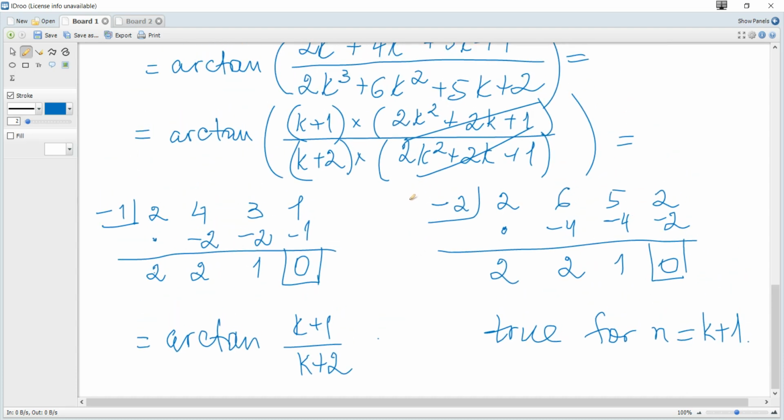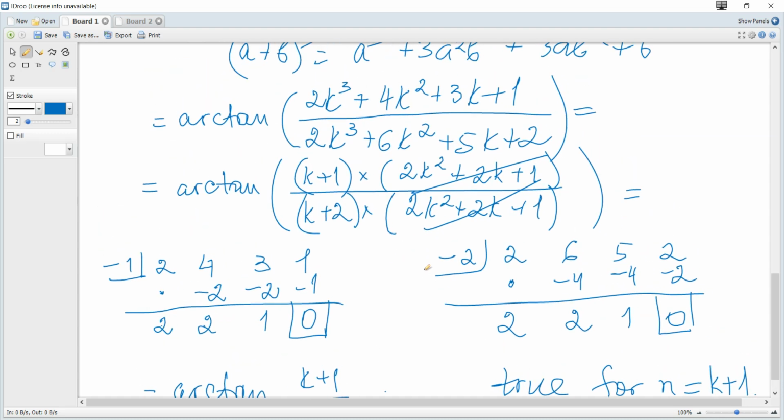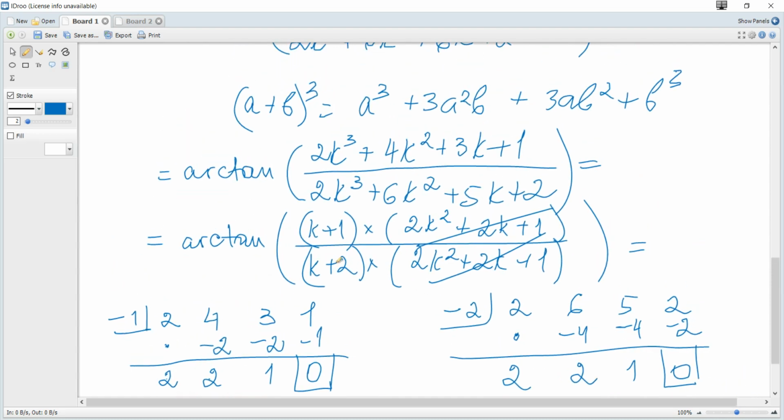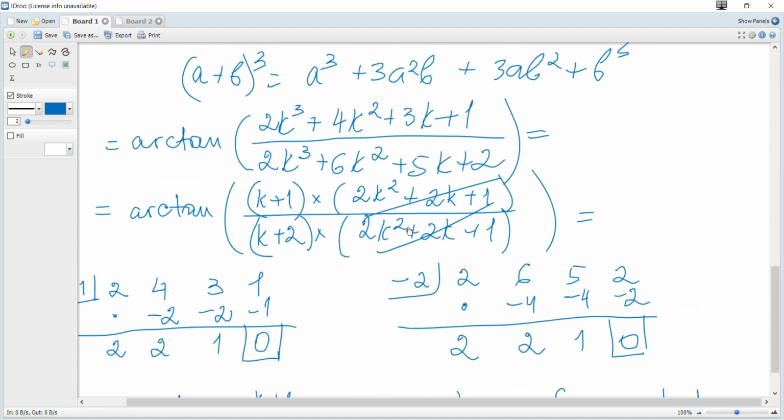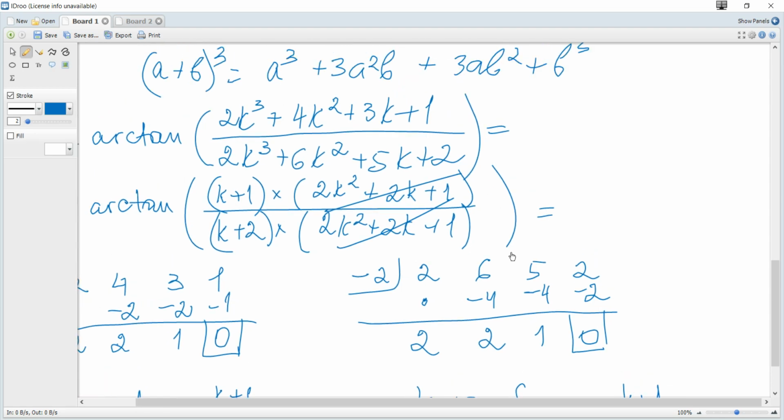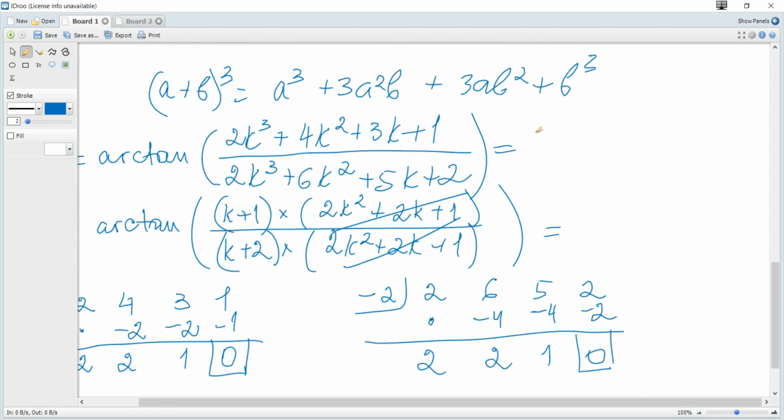And actually there may be another way to solve this. If you need k plus 1 in the numerator, you can multiply numerator and denominator by k plus 1, and if you need k plus 2 in the denominator, you multiply numerator and denominator by k plus 2.